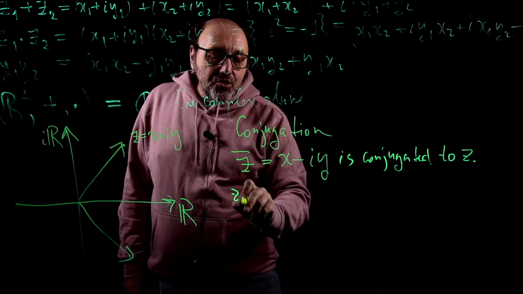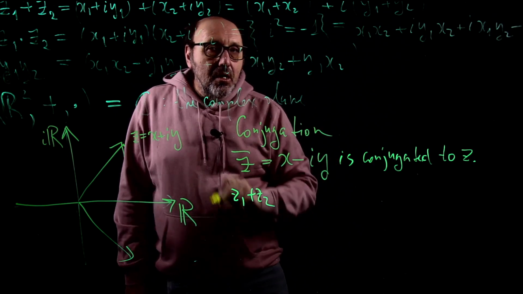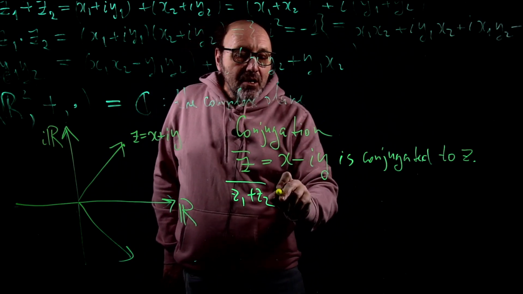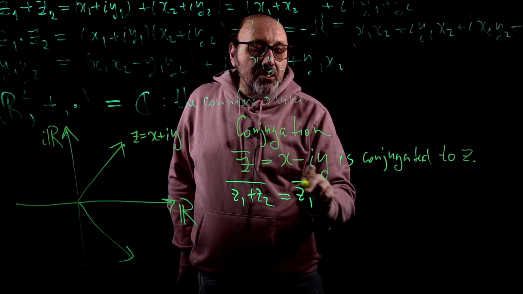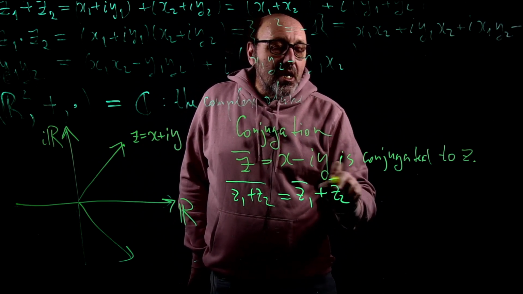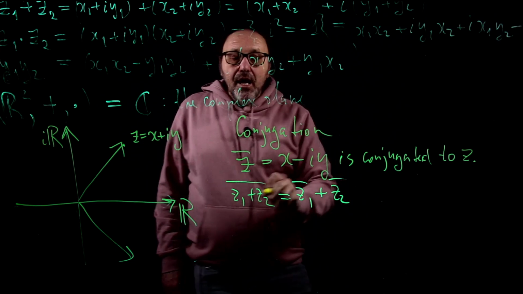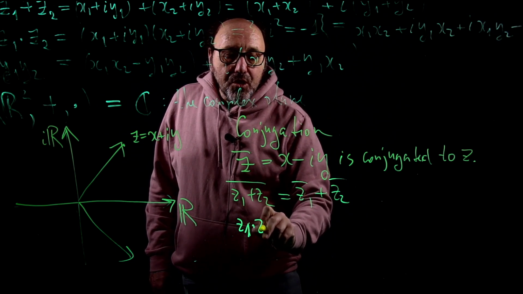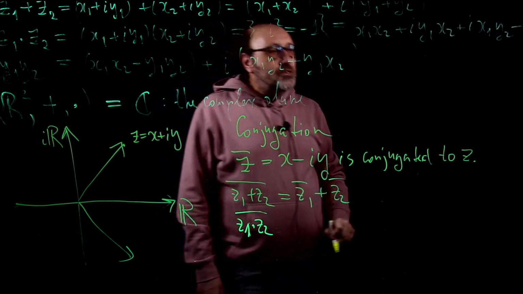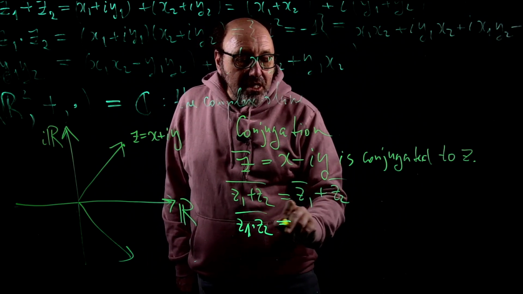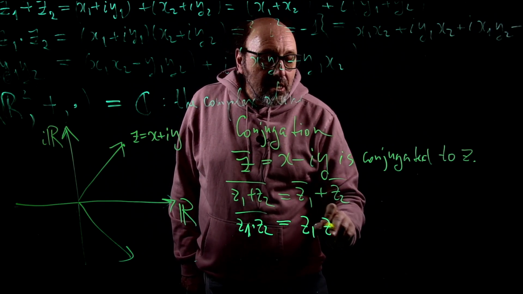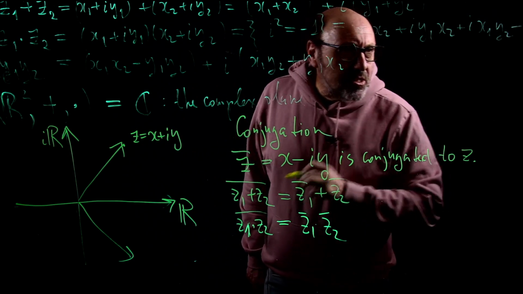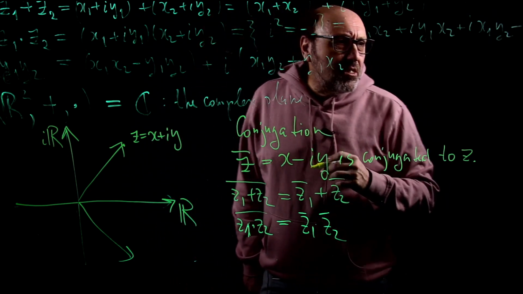If you take the sum of two complex numbers and you consider the conjugated number, then the result will be the same as if you take the sum of conjugated numbers, and if we take the conjugated to the product of z1 and z2, the result will be the same as if you take first the conjugations and then you take the multiplications of these numbers.